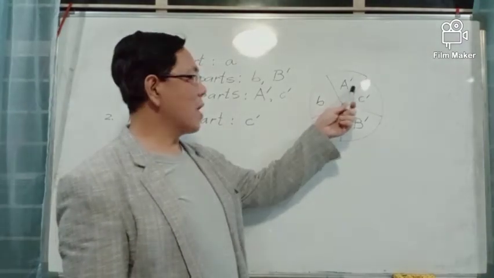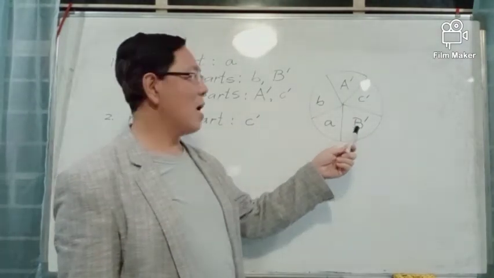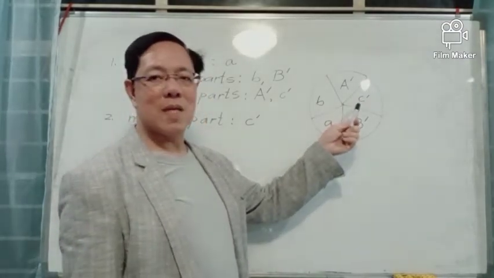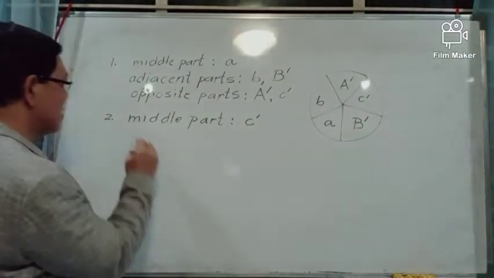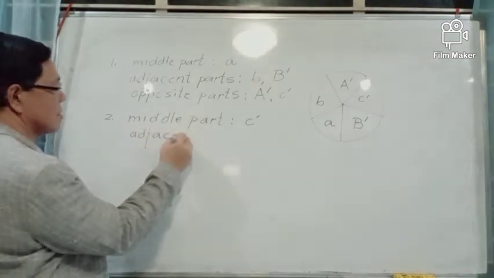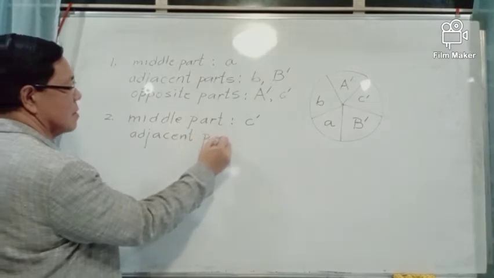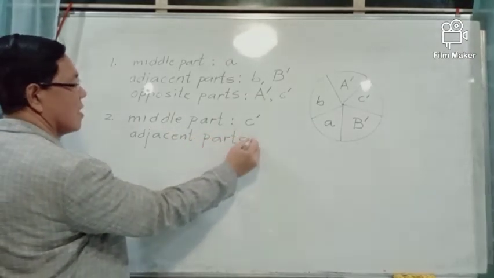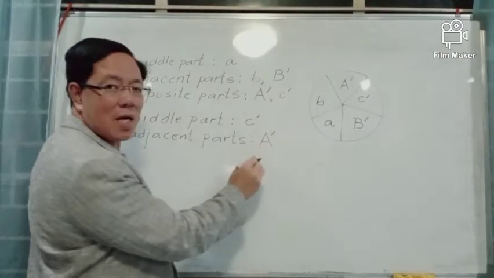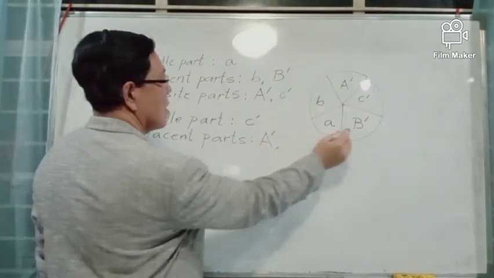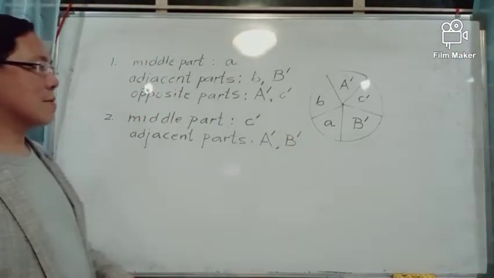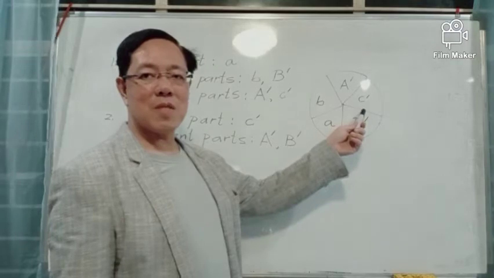Thus, A prime and B prime are the adjacent parts, adjacent to the middle part, C prime. We write adjacent parts. The adjacent parts are complement of angle A and complement of angle B. C prime is the middle part.